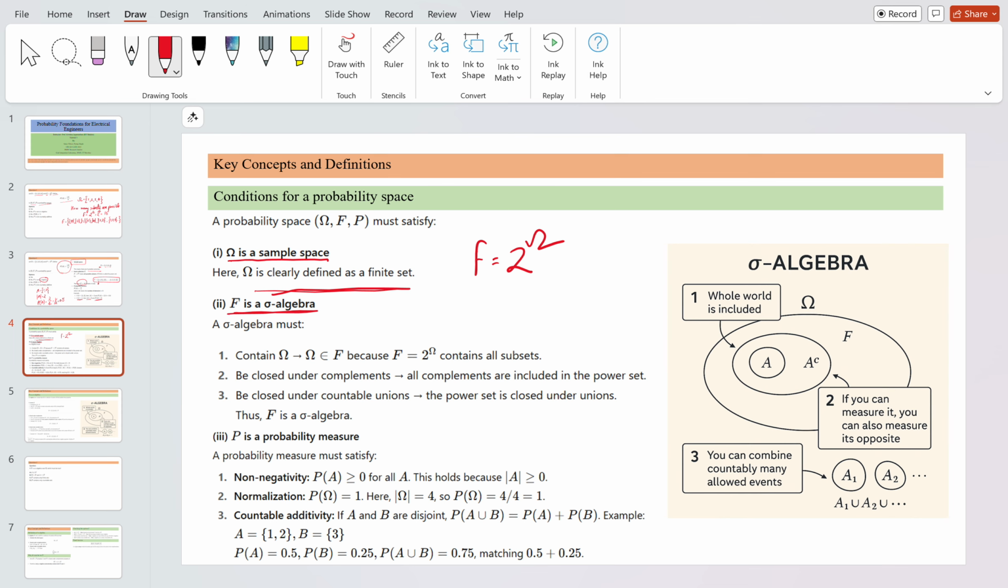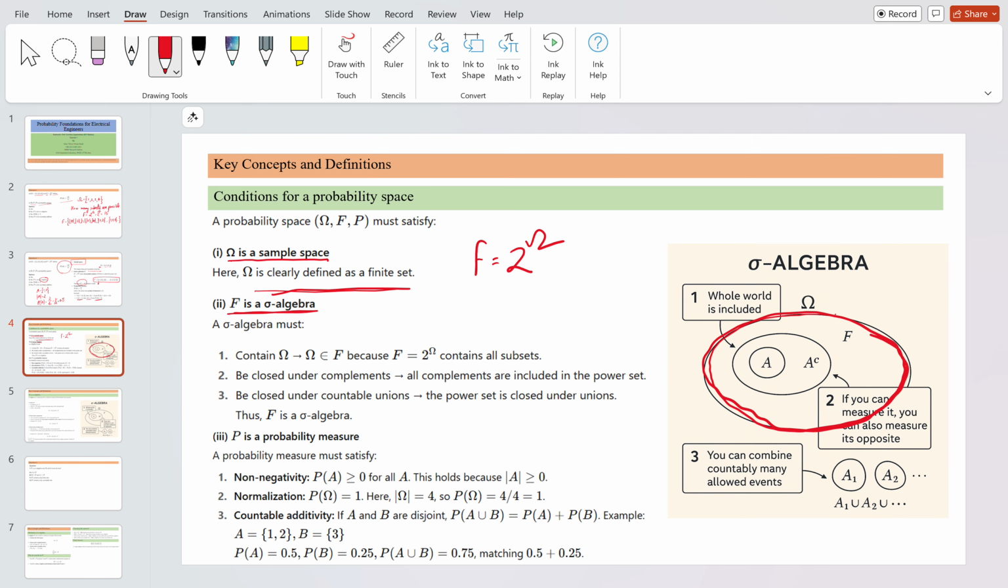Let me show how this works. If you see the right side image, this is the function F, which is defined to contain all the subsets.